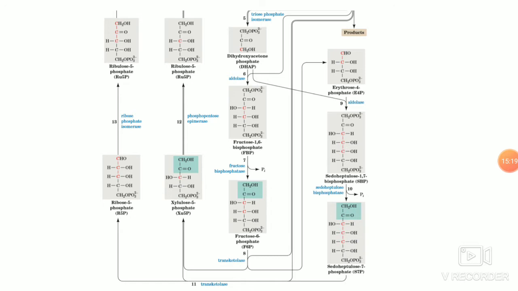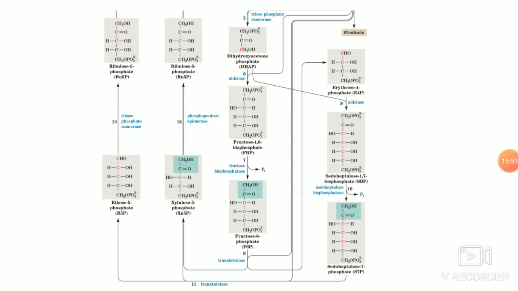You can see here that the reaction where the energy is used is the phosphoribulokinase reaction, the 13th and 12th reaction, where ribulose 5-phosphate is converted to ribulose 1,5-bisphosphate with the enzyme phosphoribulokinase, and 1 ATP is utilized per molecule.